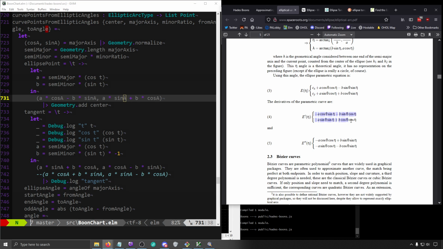This is what this paper says is the tangent. And I think I'm going to have to rewrite these in the same format to be able to make it comparable. It'll be a de-optimization, but I'm going to have a lot of trouble following otherwise.